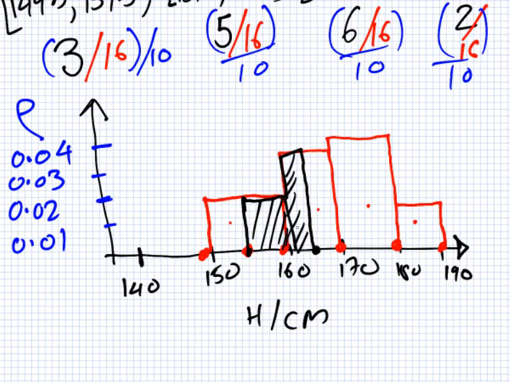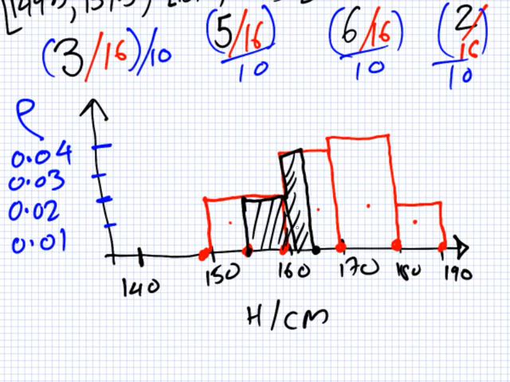So, for example, how big is the base of this first rectangle? 155 to 160. That's 5. And then 160 to 165? 5. What's the height of this one? 0.1. Can you give me the area for this half? And then KJ, the area for the second one, and then we'll add them together.